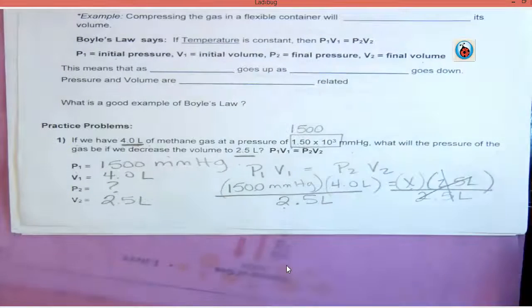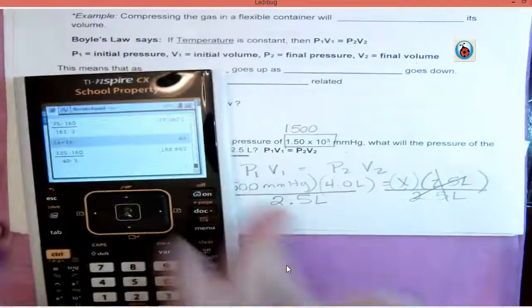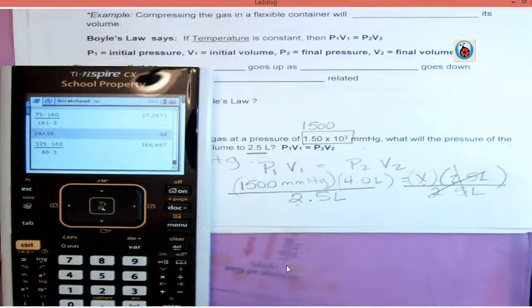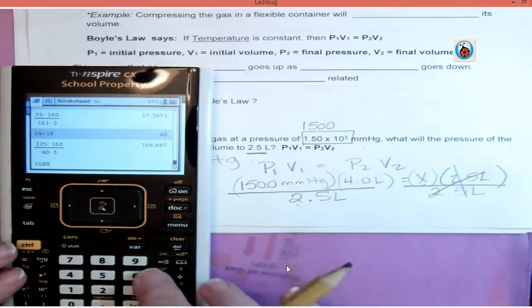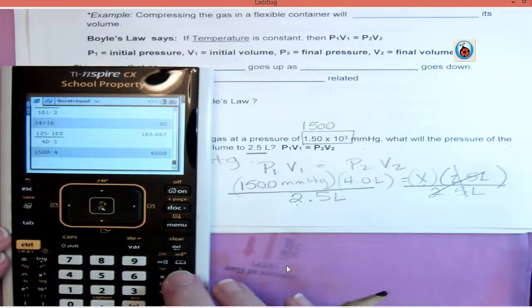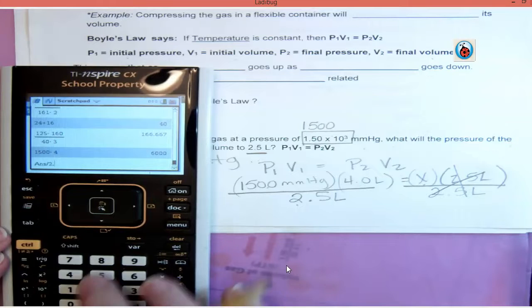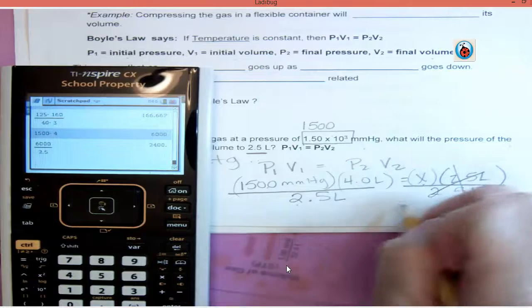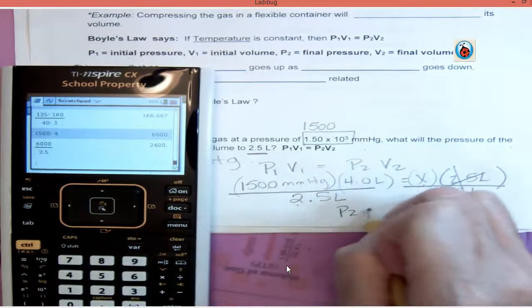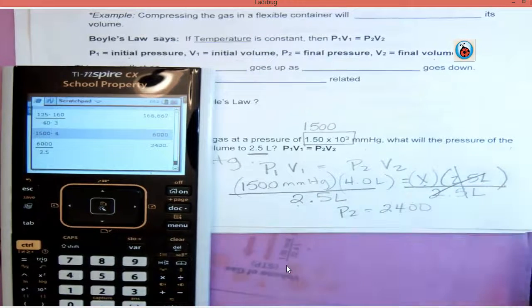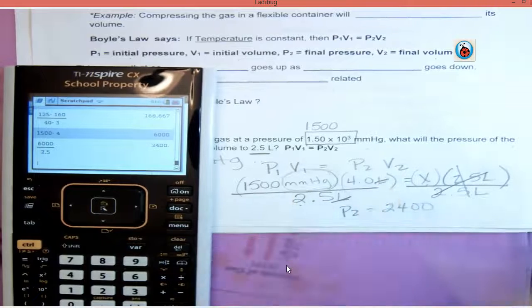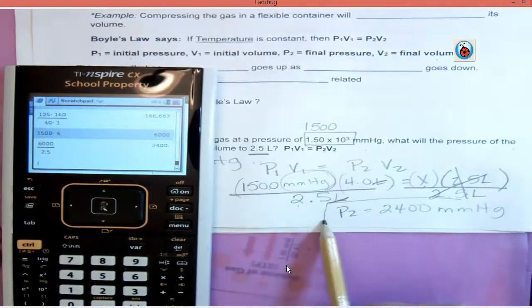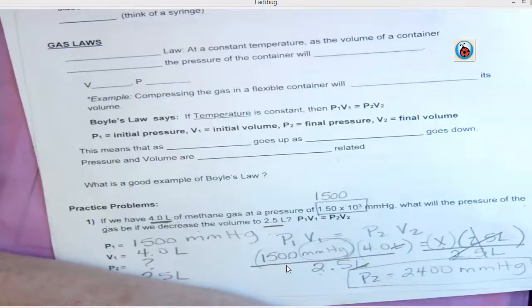So let's put that in our calculator. 1,500 times 4, enter, divided by 2.5, so 2,400. P2 equals 2,400 what? Liters cancel, and I'll be left with what? Millimeters mercury. Okay, so there's my answer.